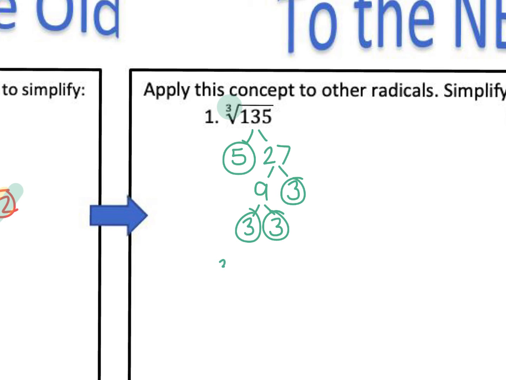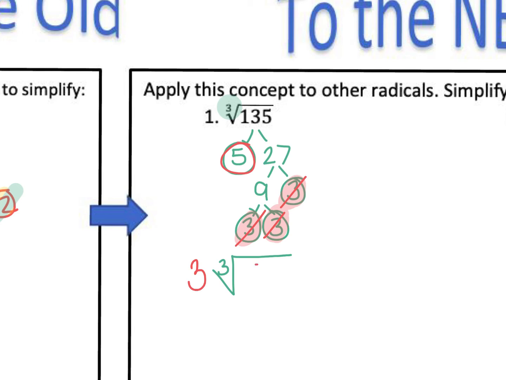Now, because I'm doing the cube root, I'm looking for triples, or I need 3 of something, because the cube root of 3 to the third, in other words, would be just 3. So I see I have 1, 2, 3. So the cube root of 3 to the third, they undo each other, and that 3 comes out front.